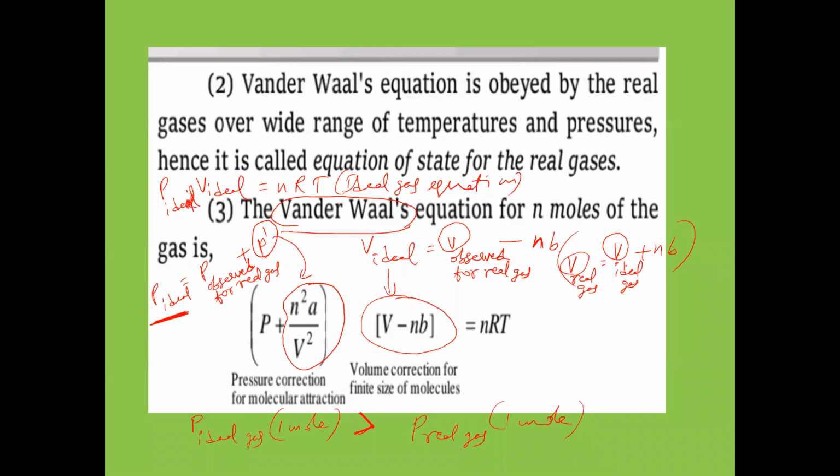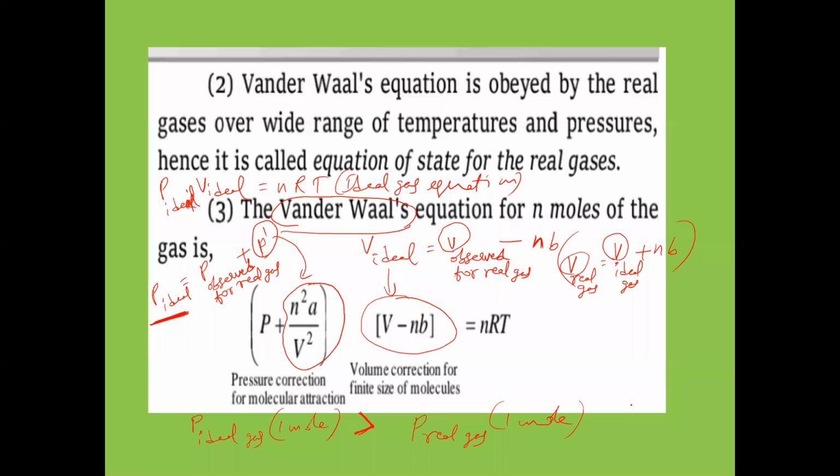Therefore, ideal gas volume is real gas volume minus nb. This way, he has introduced volume correction and pressure correction. This point is very important. Please take a screenshot of this to understand better what is V ideal and what is V real.